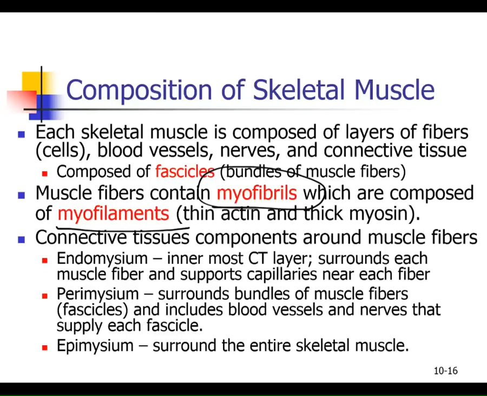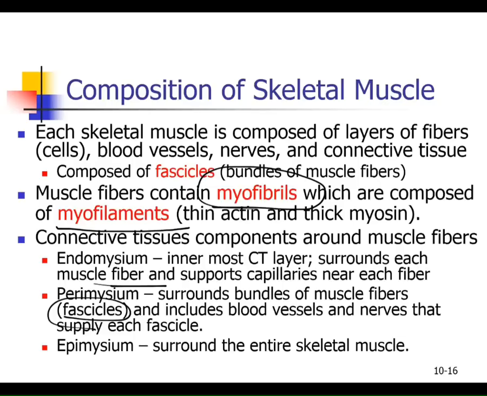And I'll show you a picture in a moment. So peri, around what? Around the fascicles. And then endomysium, we know endo means within, right? So this is a layer of connective tissue deep within the muscle, and it's surrounding each and every individual muscle fiber. Okay, so the endomysium is going around every single one of the muscle fibers.